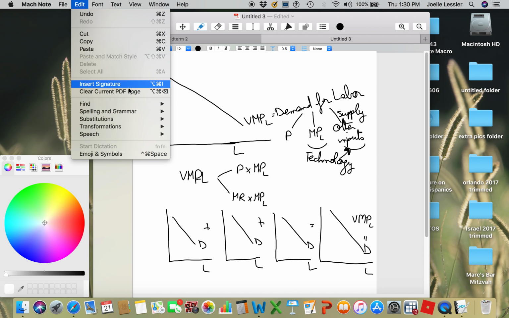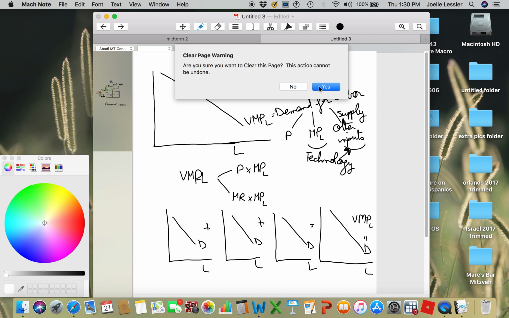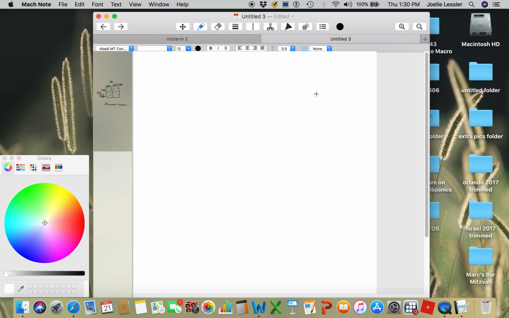Okay. Now we're going to go to the supply of labor. Or rather, let me go back to where we were. We said when we're hiring workers, we're comparing the marginal benefit with the marginal cost. And we said the marginal benefit is the value of marginal product of labor, which could be price times marginal product of labor, or marginal revenue times the marginal product of labor.